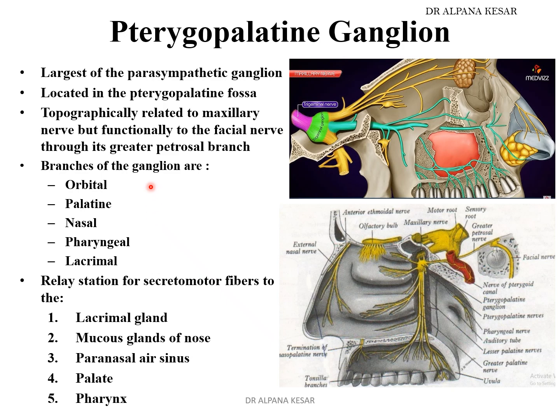These are actually branches of maxillary nerve, and the fibers from pterygopalatine ganglion get distributed via these branches of maxillary nerve. The postganglionic parasympathetic fibers from pterygopalatine ganglion are secretomotor to lacrimal gland, mucus glands in nose, paranasal air sinus, mucus glands of palate, and pharynx.